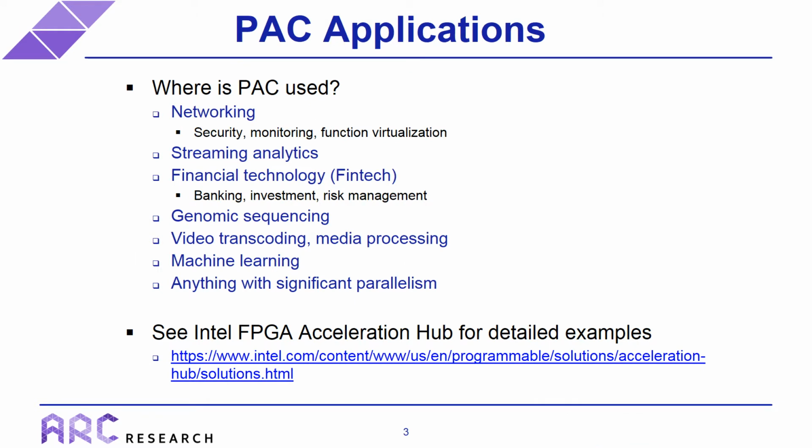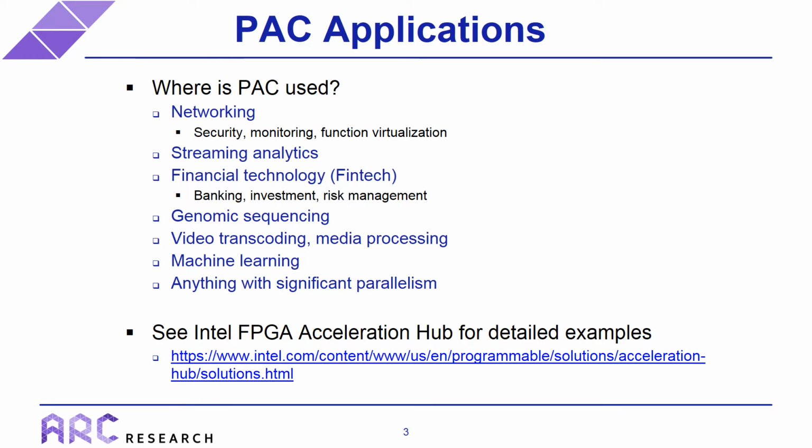So this slide here gives you a general overview of what application domains are currently using the Intel PAC. It's used a lot for networking. I already mentioned that it has these low latency networking advantages. And because of that, it can be used for monitoring, network security, or function virtualization.